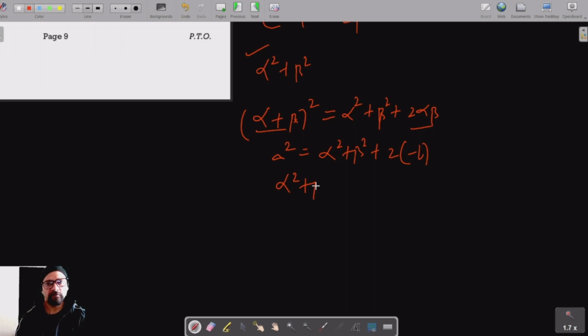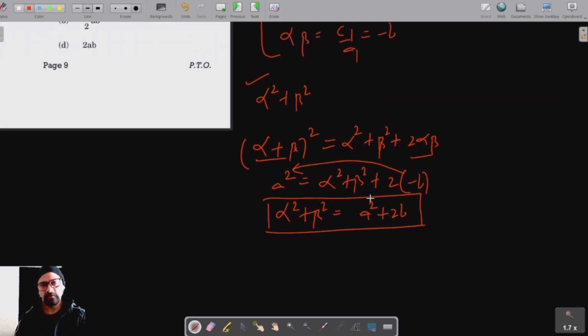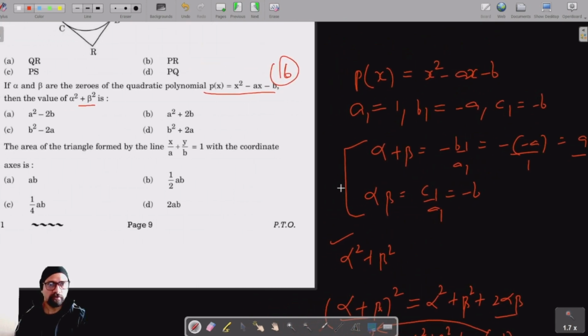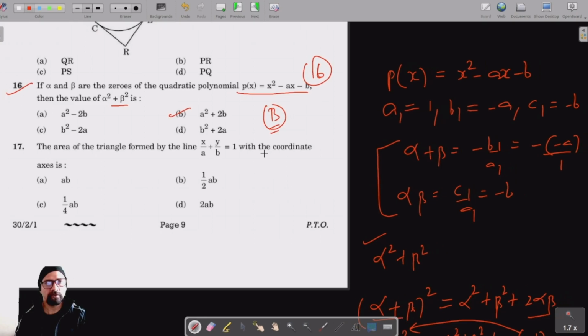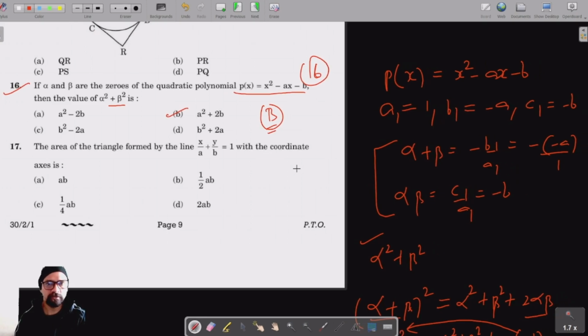So this gives us alpha square plus beta square is equal to a square plus 2b. So the correct option for this is a square plus 2b, which is option B. So B is the correct answer for question number 16. Let's move on to question number 17.